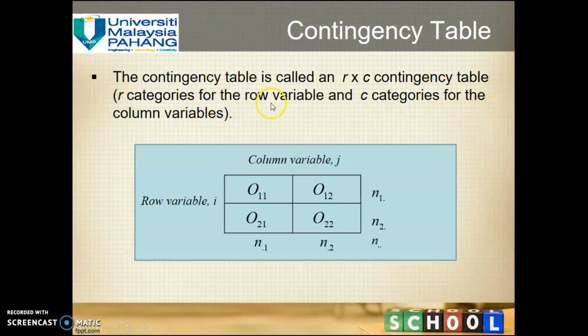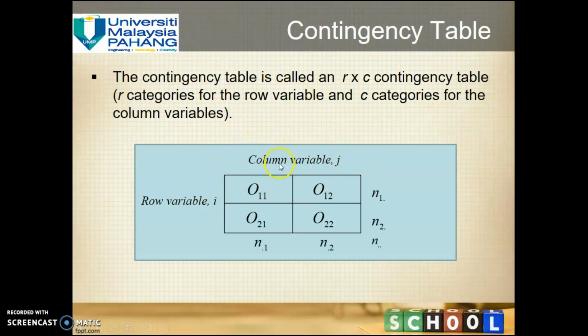R represents the number of rows, that is, the number of categories for the row variable, and I represents the rows.